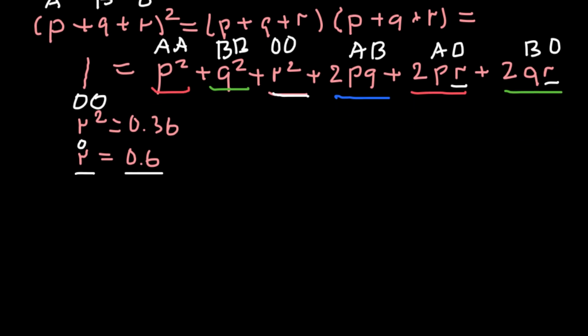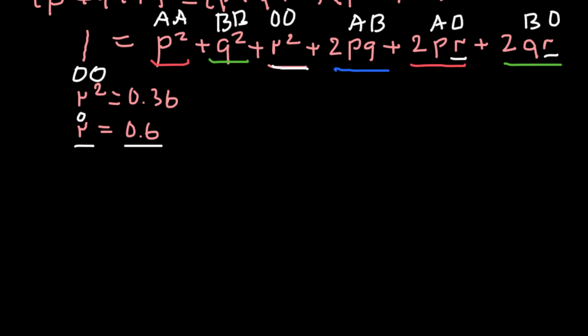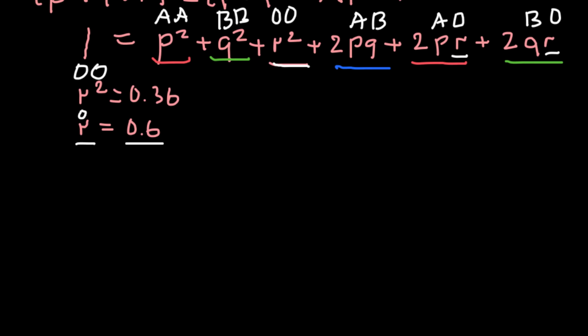So I just would rewrite our formula one more time, and p squared would be the same. This is the frequency of the genotype AA. Then we add the frequency of q squared. This is genotype BB. No changes here.